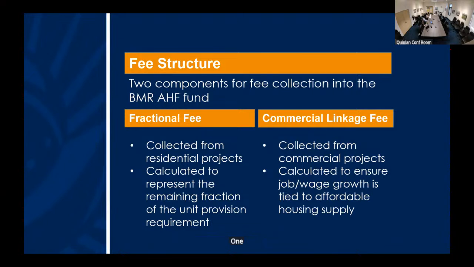One of the options under an alternative from the contractor, rather than any of the stuff we've got in our manual, is to provide a plan for completion of the off-site BMR development prior to approval of the market rate project. The affordable housing plan shall include but not be limited to the following items.